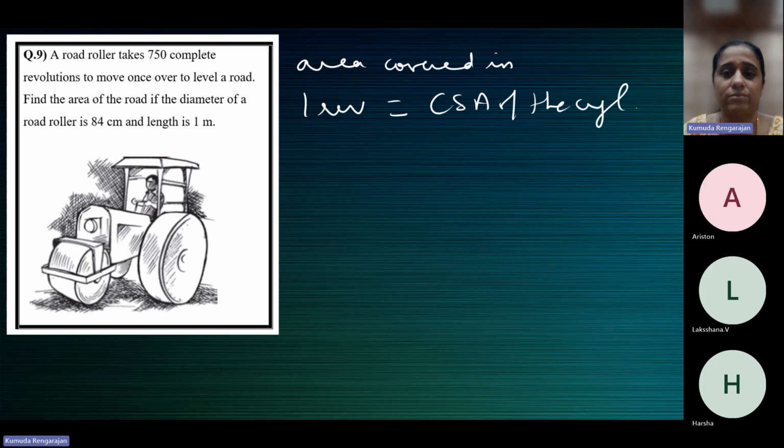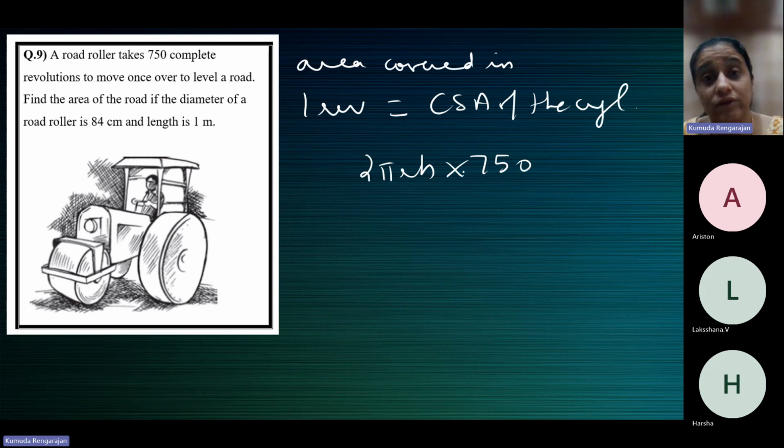That is equal to the CSA of the cylinder, so that is 2 pi RH. So 2 pi RH into 750 will give you the area of the road.